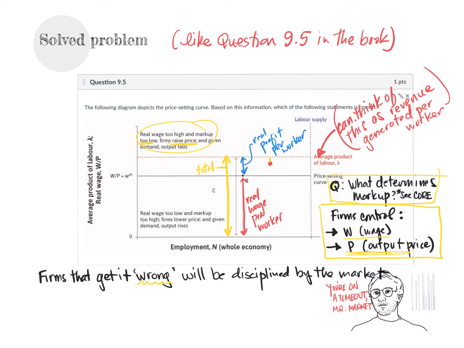And what that does is makes it so that people can't afford to buy as much stuff. So overall, if all firms are doing this, raising their price, we're going to find that sales have to drop because we just can't afford as much. And when that happens, output will fall.